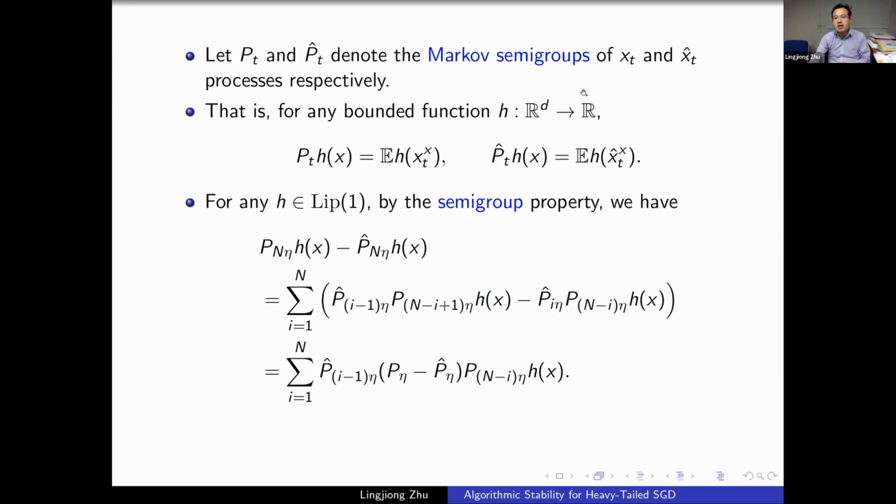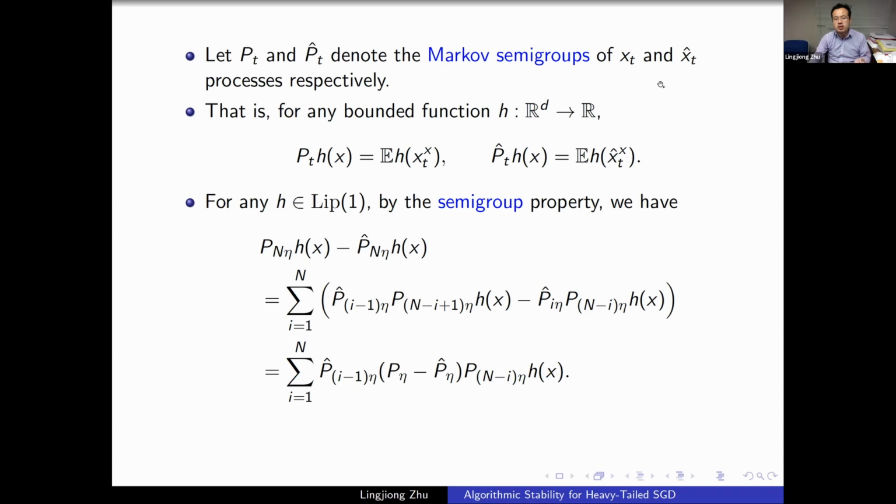Let's say you have X_t and X_t hat, and they are associated with a Markov semigroup. If you are not familiar with it, the definition is that for any bounded test function h, P_t h is defined as the expected value of h(X_t) starting at x. Similarly, you can define P_t hat, the Markov semigroup associated with X_t hat.